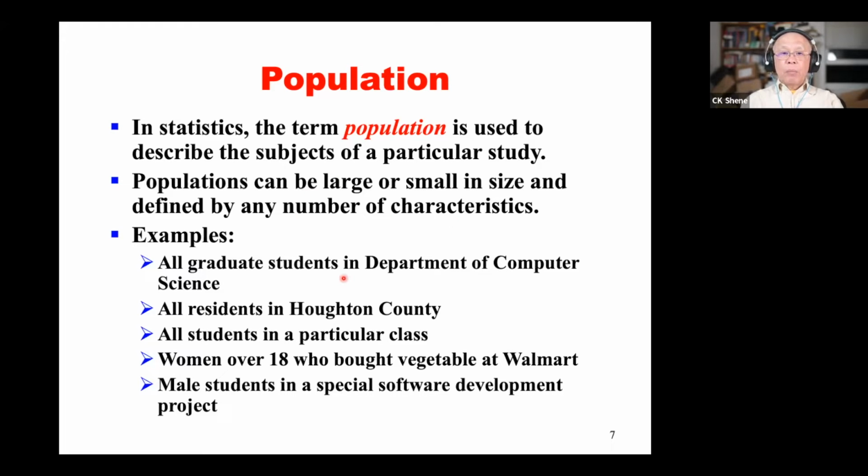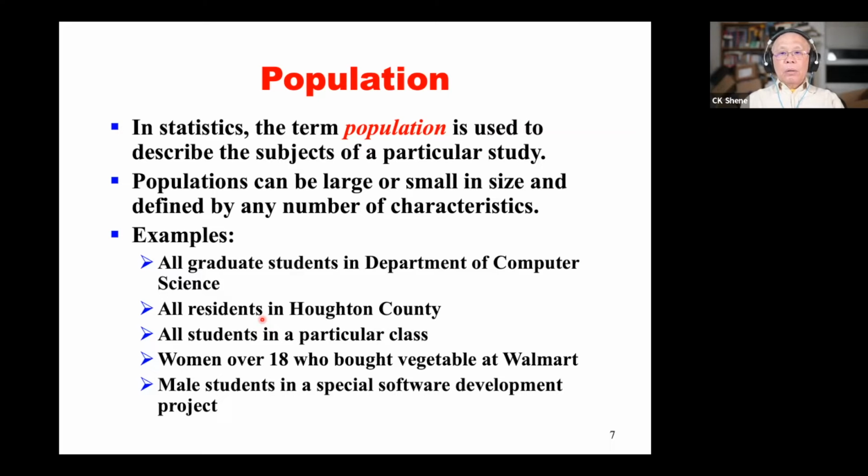Here are a few examples. Example 1, all graduate students in the Department of Computer Science. It could be 30, 40, or even hundreds, or residents in Houghton County or any county.